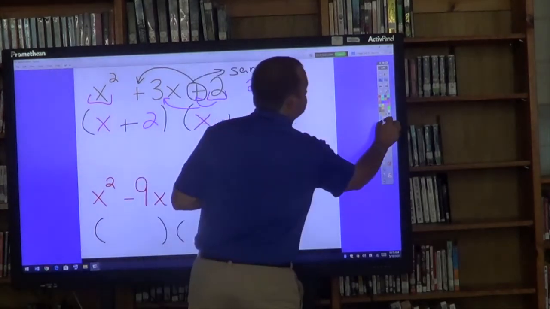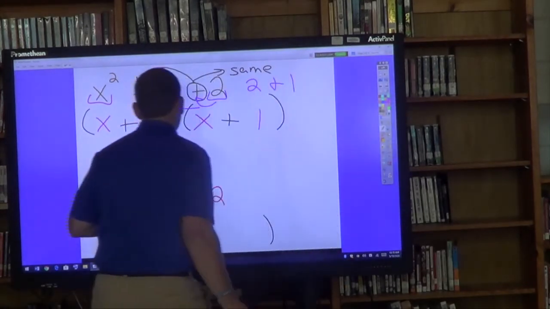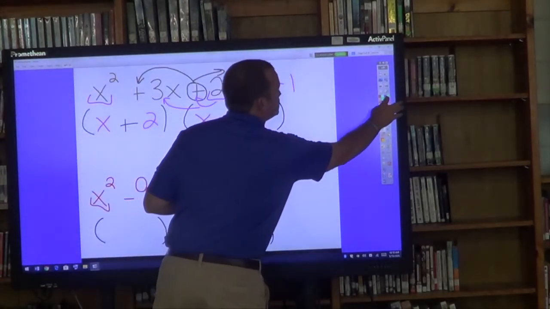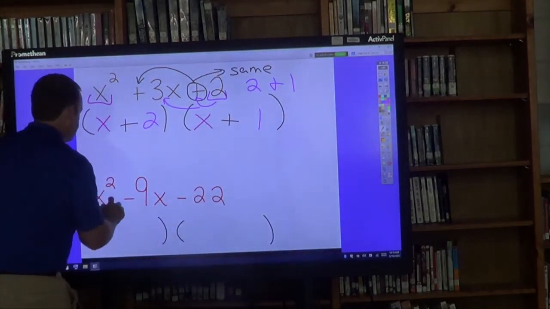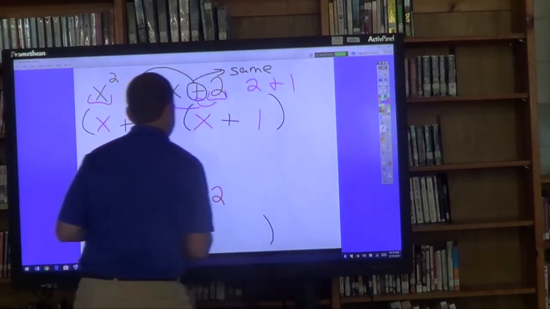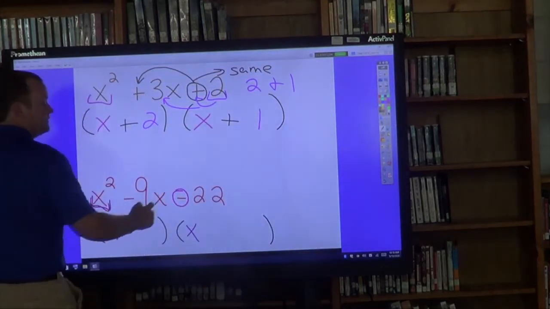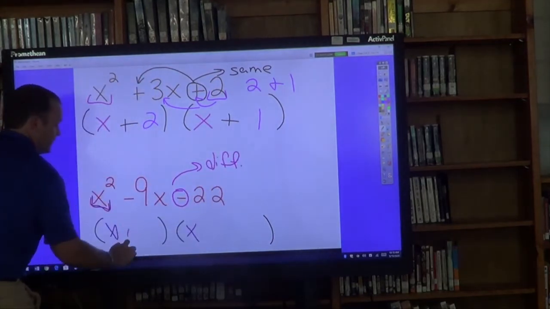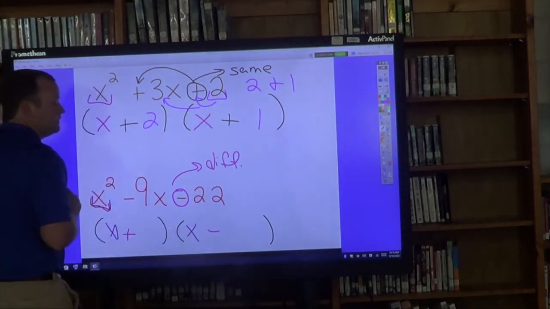This last one here. Again, there's my variable. I'm going to use a different color since that one is already red. X and X. C is negative, so that tells me my signs are going to be different: one's positive, one's negative.